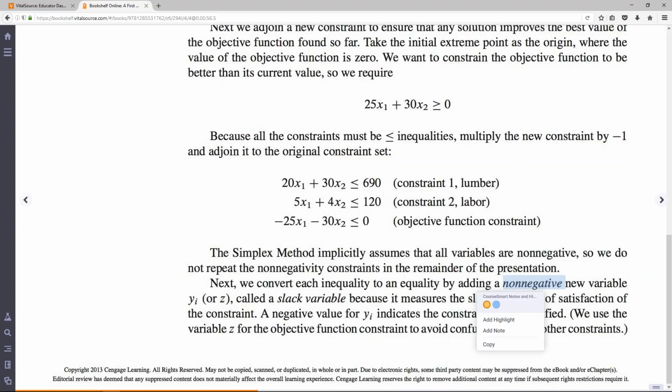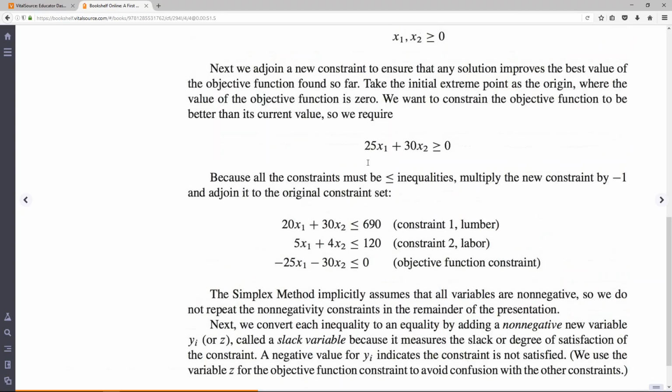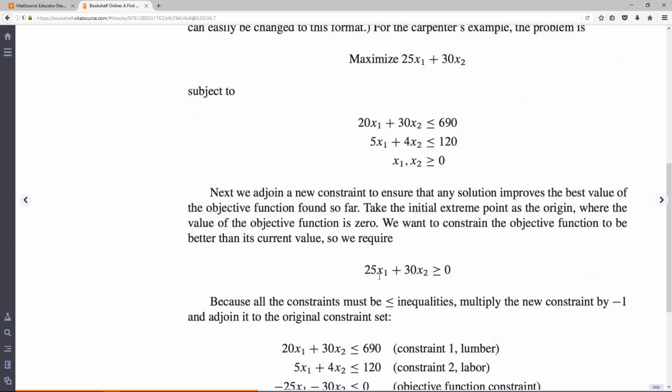So with that being said, we also define a slack variable for the objective function, which we use as z. But you have to realize that for the objective function, we know x1 is larger than or equal to 0 and x2 is larger than or equal to 0, so supposedly it would be this function form, 20x1 plus 30x2 larger than or equal to 0.